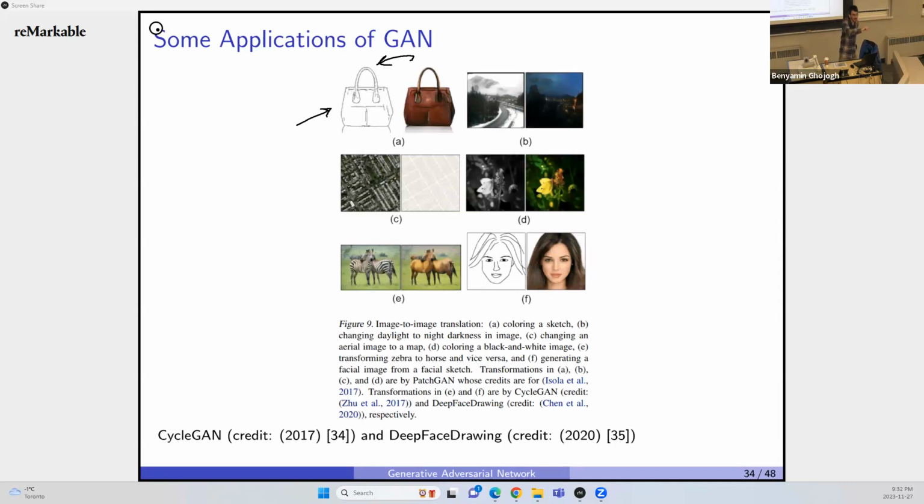But getting edges and adding color, painting it, inpainting, that is hard. GAN can do that. How do they train it? Of course, you need pairs of data where you have images and their edges. It's so easy to generate such a dataset. You have a bunch of colored images, and you apply edge detection on them. So you have these pairs ready to be trained.